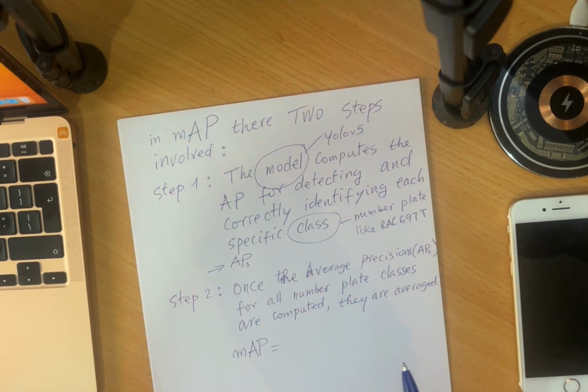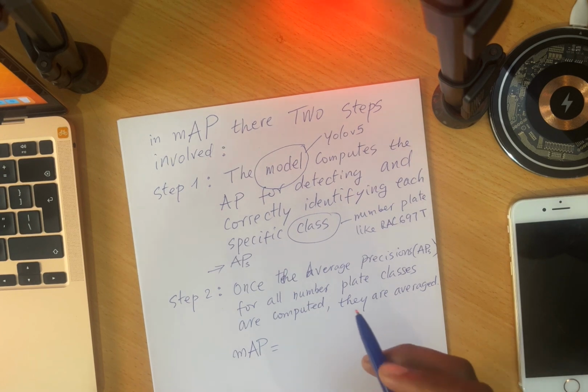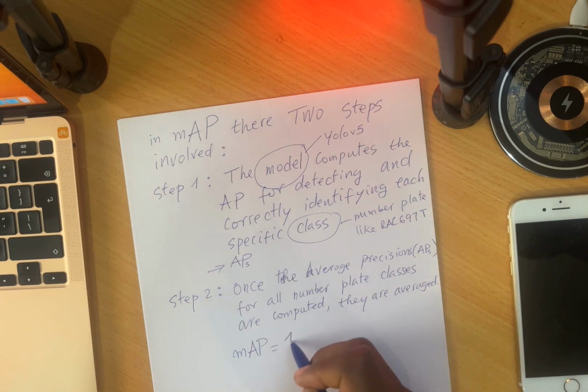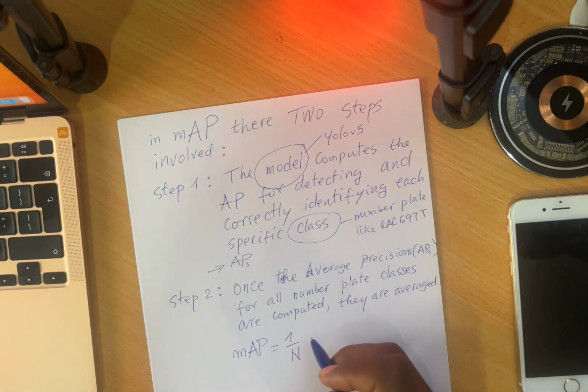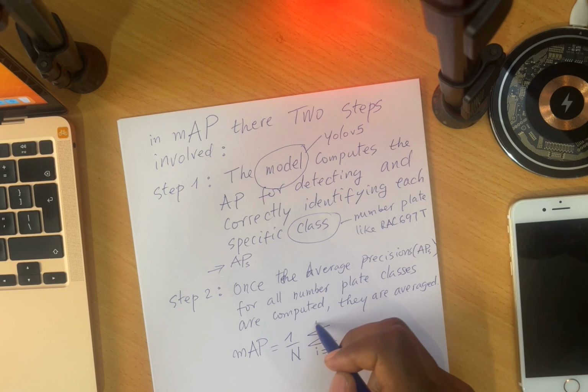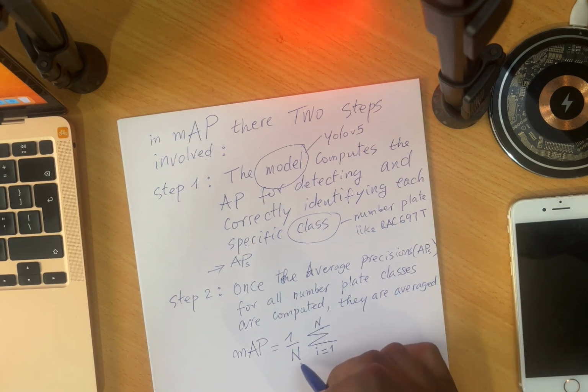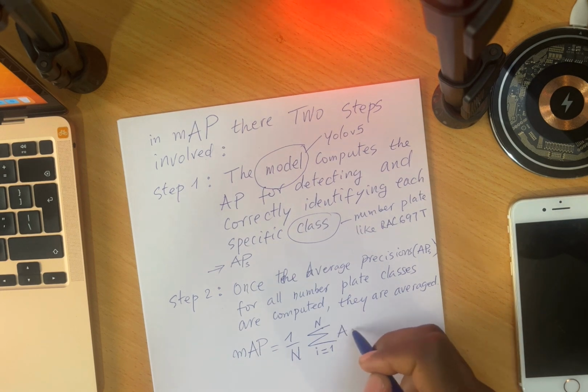That's 1 over n, where n is the total number of classes, then summation from a specific class i equals 1 to the total number of classes of the average precisions.